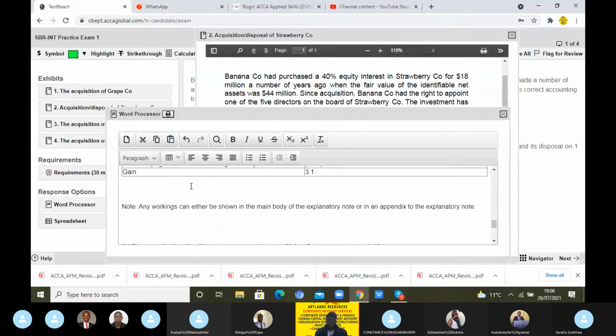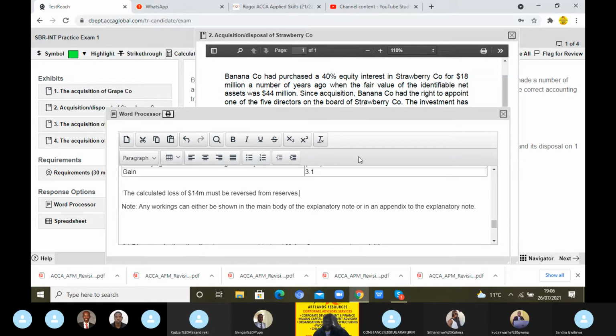So it's a matter of telling the examiner that the calculated loss of 14 million must be reversed from reserves.